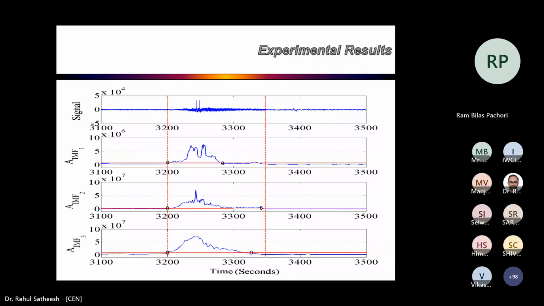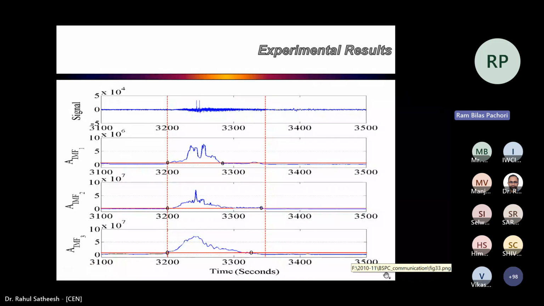Next slide please. So now the extended area nicely shows the presence of the seizures, and then we have compared the detected points, the beginning and ending of this seizure attack, using our proposed approach, and also the benchmark ground truths provided by the neurologist. You can see the dashed lines at the beginning and ending of the seizure are provided by the neurologist, and the points you see in the form of circles are proposed by our approach.